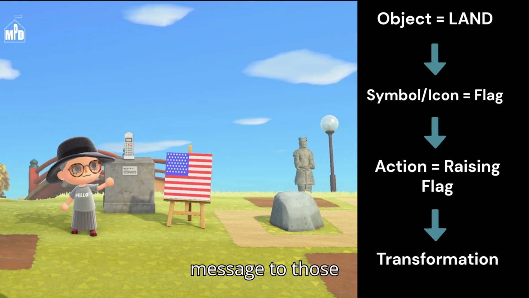And the message to those who were Americans would be different than those who were cheering on the destruction of the Twin Towers. All right, so it's all very culturally related. It's related to our culture. Culture and land are tightly connected.